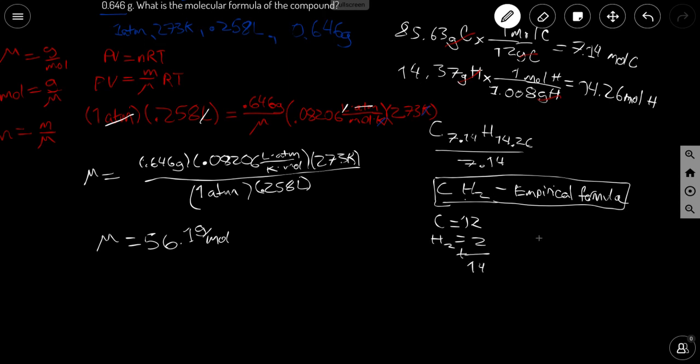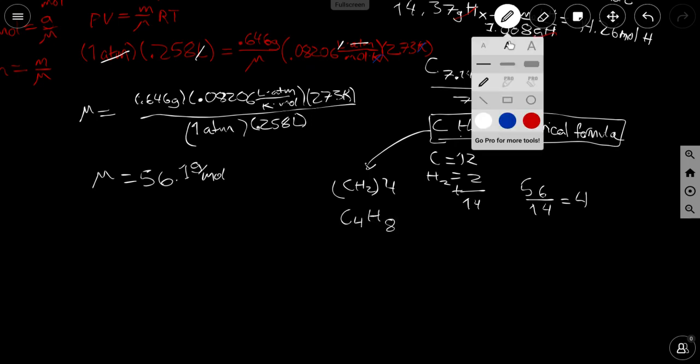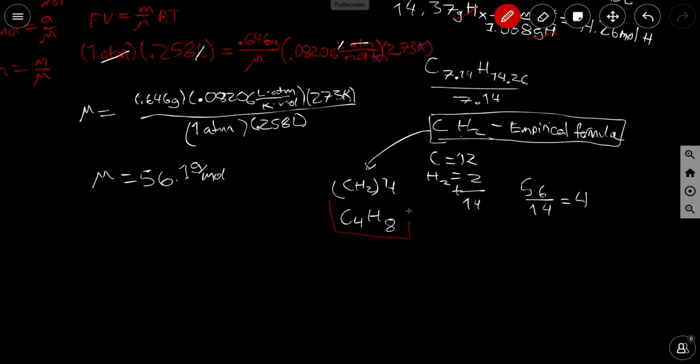Then the next step would be to divide the molar mass that you found, 56 divided by 14, giving us 4. So now we can multiply the empirical formula by 4, giving us C4H8. And that right there is our molecular formula.